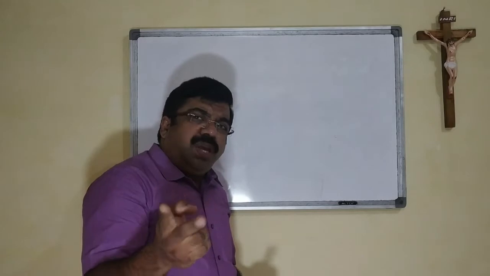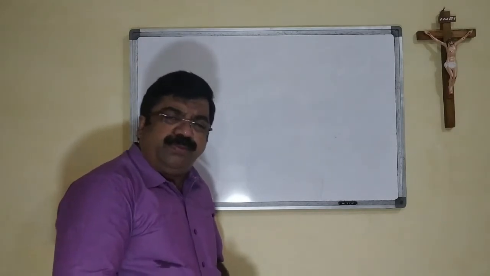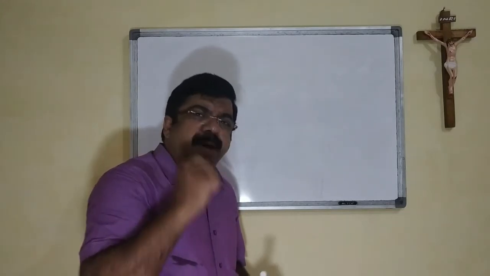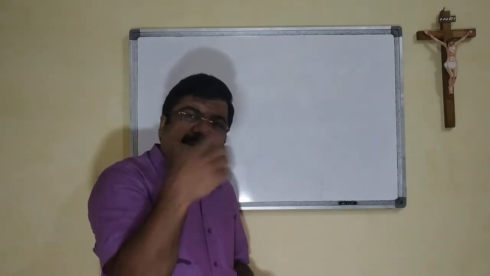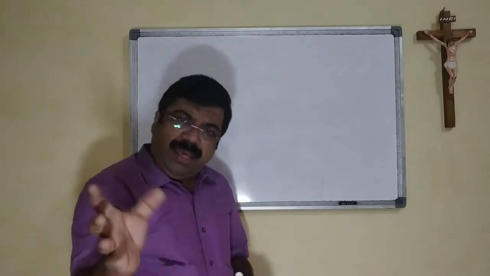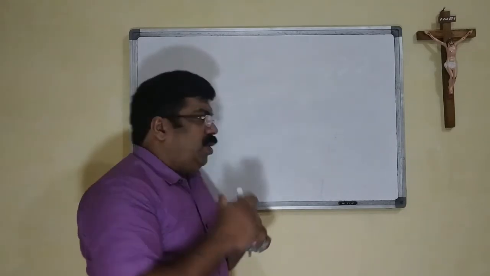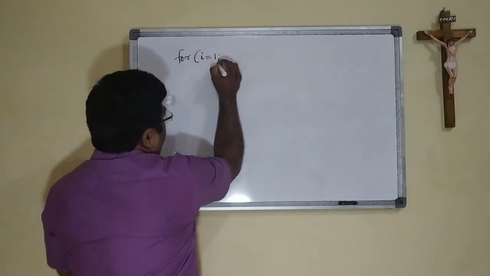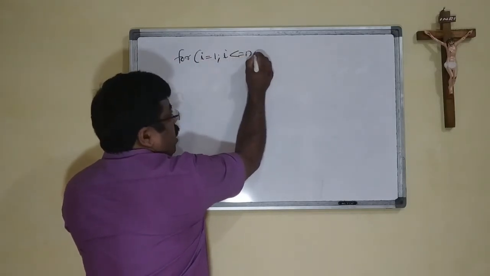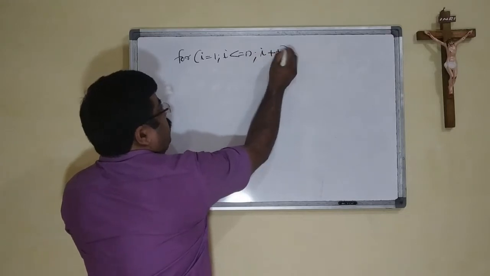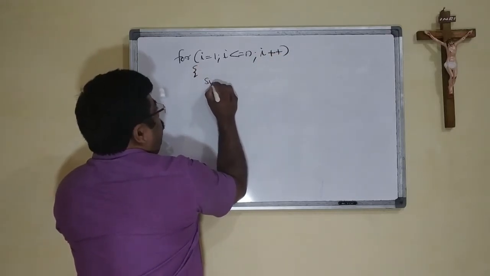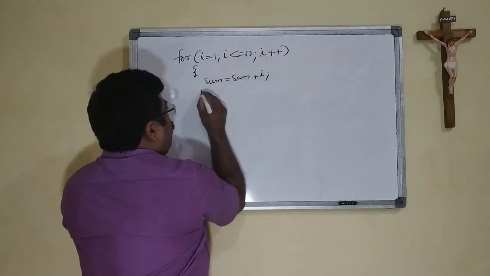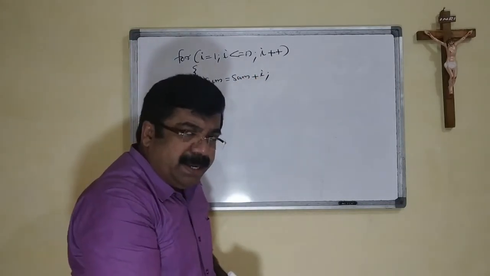Next we are going to see two consecutive loops. First loop is running n number of times. Second one is also running n number of times. Let us see. For i equal to 1, i less than or equal to n, i plus plus, sum is equal to sum plus i, one loop I wrote.